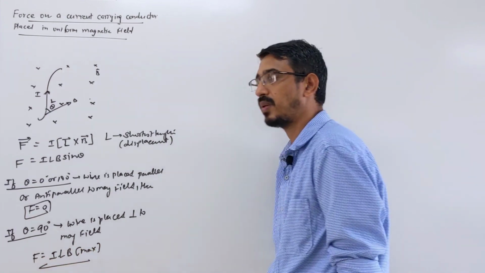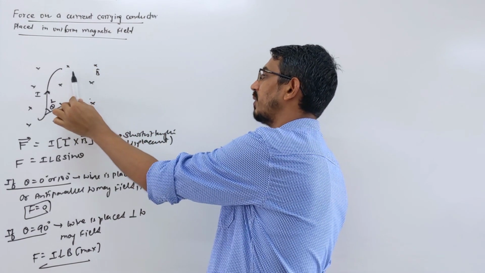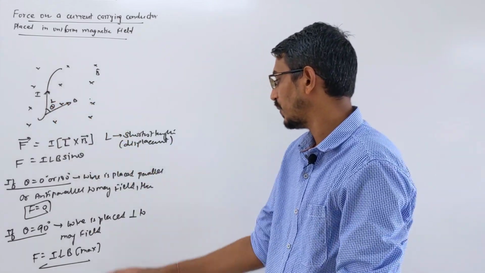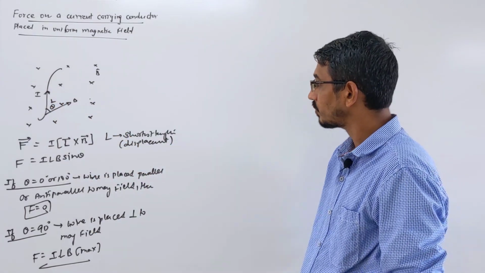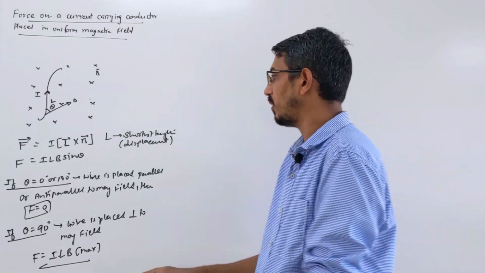So when the wire is placed perpendicular to the magnetic field, like here the magnetic field is into the board, and you put a wire on the board itself, this way or that way, it is always perpendicular, right? So the force will be maximum.